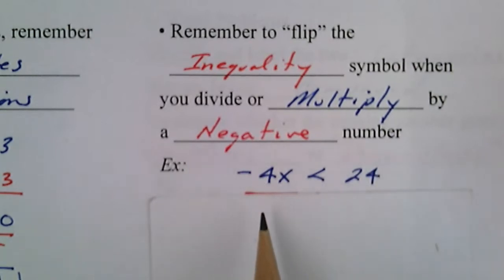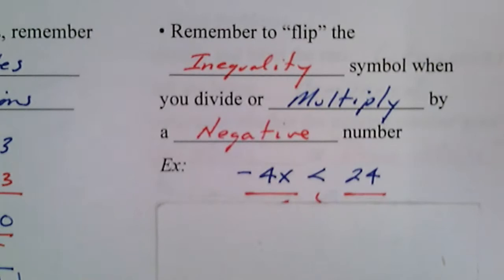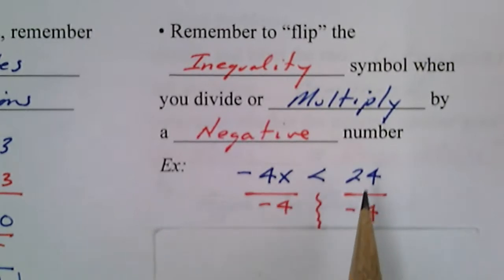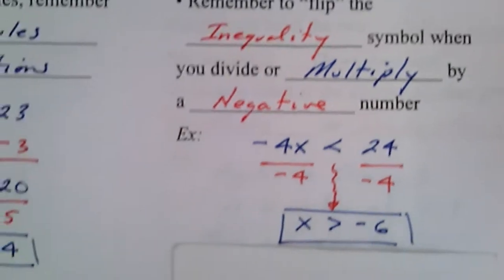But as soon as I divide by negative 4, now I'm changing this to a negative number. If I'm going from positive to negative, I have to reverse my symbol. Or if I was going from a negative to a positive, if I change the sign on the constant, then I've got to reverse my symbol. So I'm going to divide by -4, so I have to reverse my symbol.